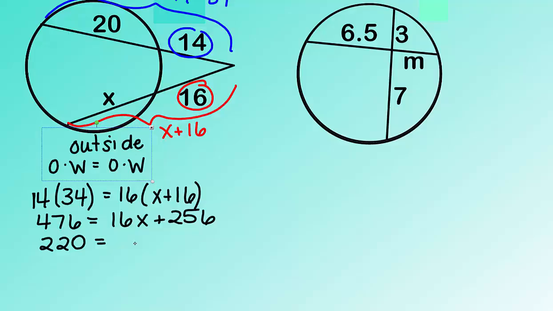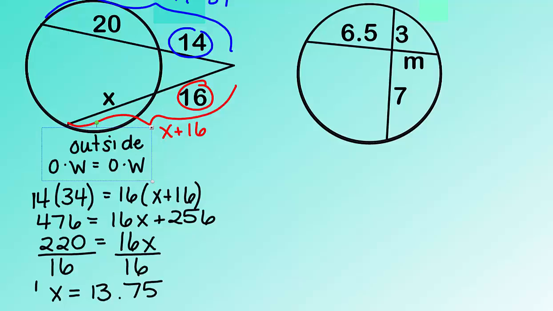We subtract 256 from both sides and we get 220 is equal to 16x. And if we divide it out, we get x is equal to 13.75.